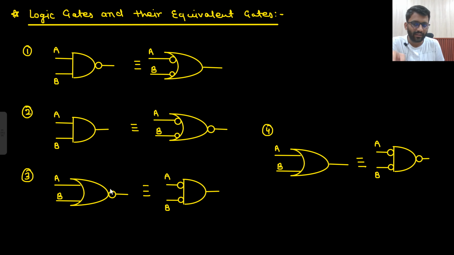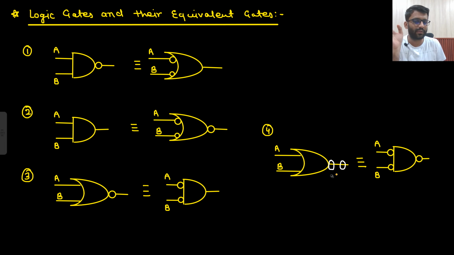Similarly with the NOR gate, this bubble will come in front, and this OR gate will be replaced with an AND gate. This is a NOR gate with another bubble. So this bubble will come in front and it will be replaced with an AND gate, and this another bubble can be replaced here. So this is how I can replace my NOR gate.